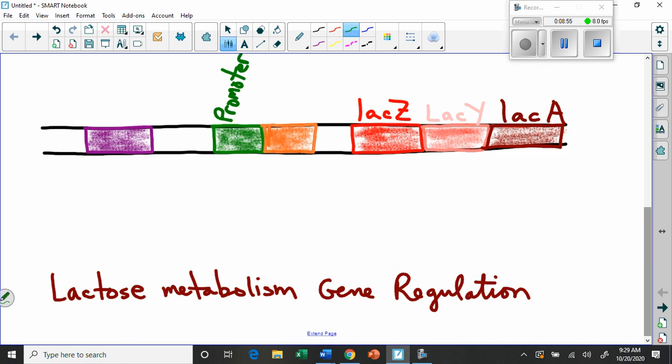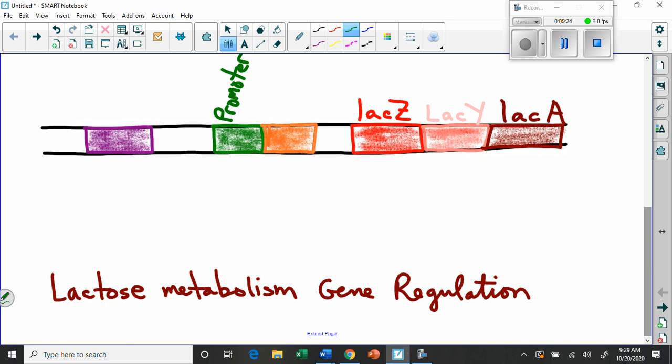This is the section that basically initiates the copying of this gene. If we're going to copy this gene and transcribe it into these enzymes, the promoter is where the RNA polymerase would sort of attach and open up the molecule and start copying, right, to make the gene.